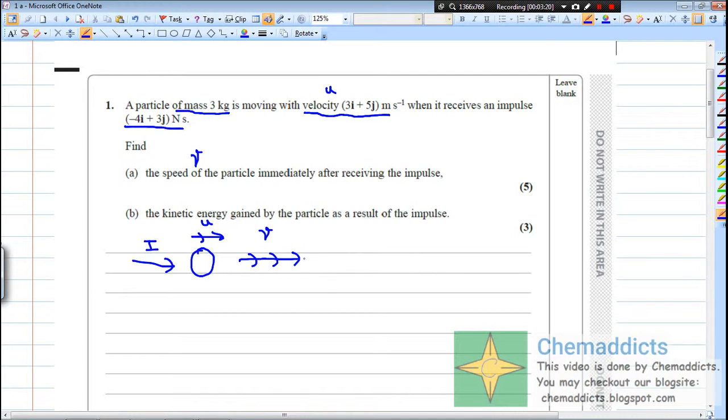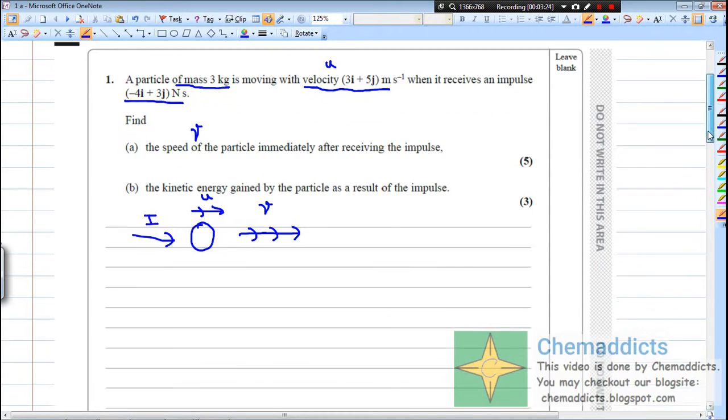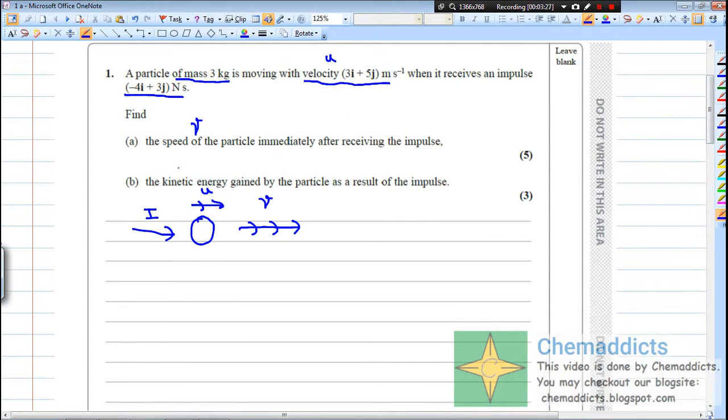So this is the scenario for this question. Now let's solve this question.